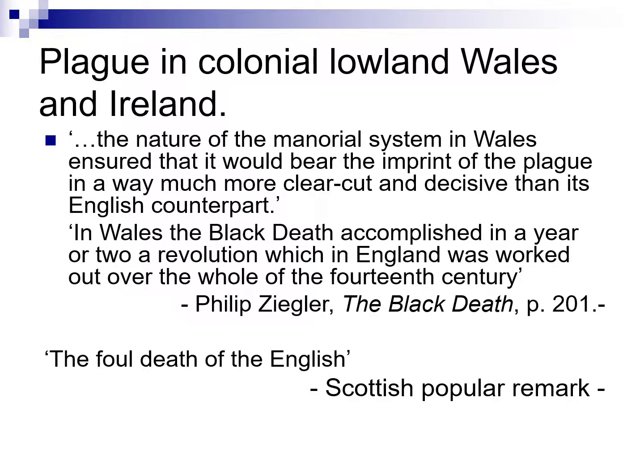So what he's talking about here is the way in which those parts of Wales which are heavily colonized by the English are the same parts of Wales which by 1348-49 have the most nucleated villages and the most unfree bondsmen, these being the descendants of people who are coerced into coming there in early stages of English colonization.